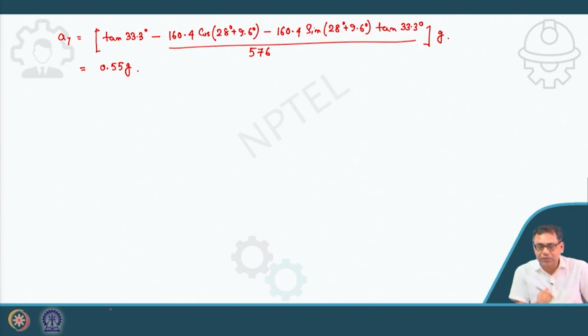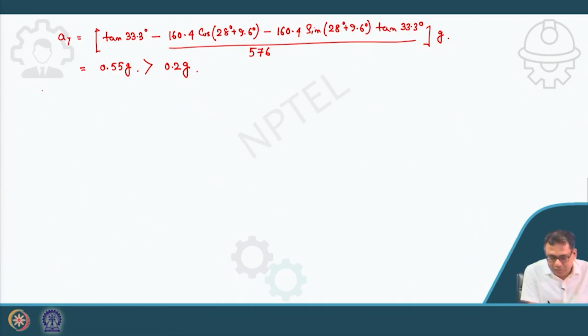But what did we assume? We assumed it is 0.2 G, and what we are getting is a huge difference. So, 0.2 G is not the proper assumption.